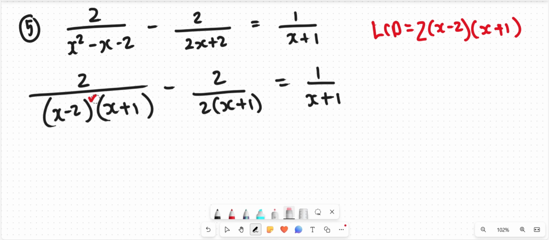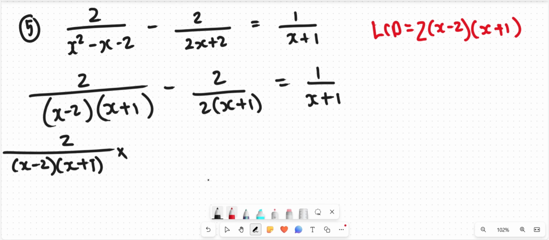I do need to multiply everything with that LCD. So the first fraction times your LCD. This is quite a big LCD, so make sure you have enough space on the page to fit the whole equation there.